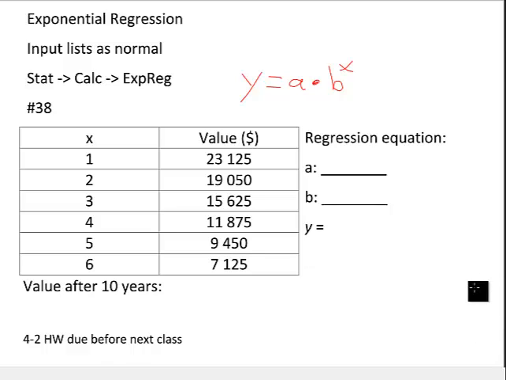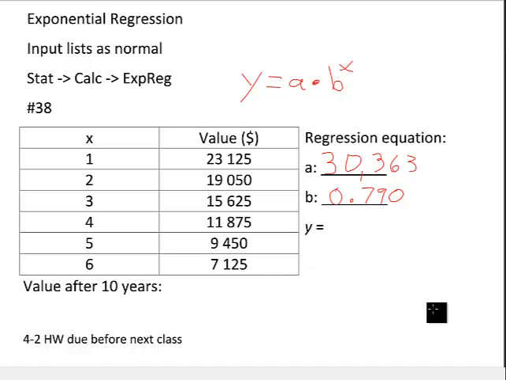So we do the same thing we always have. We put the x's in list 1, these y values in list 2, and then we go to stat, move over to calculate exponential regression, and it gives you the following values rounded a little bit: 30,363 and 0.790.